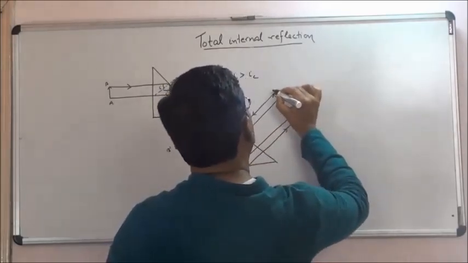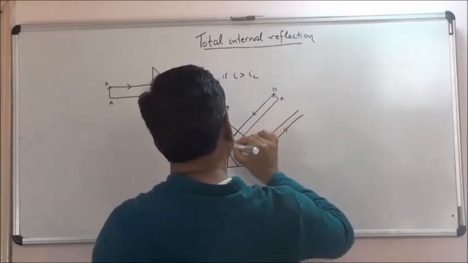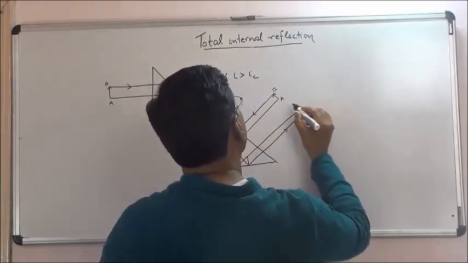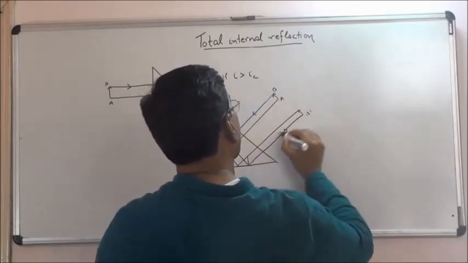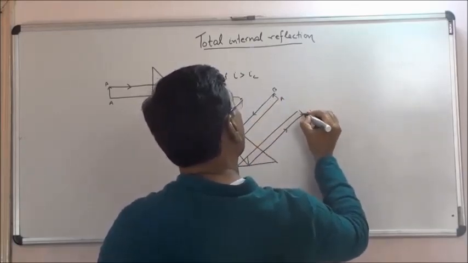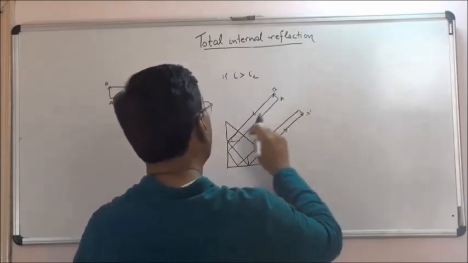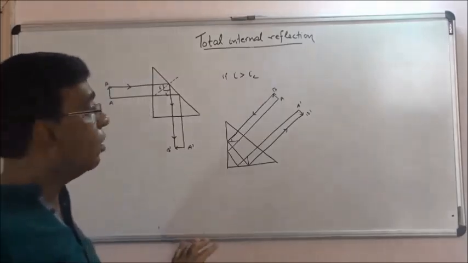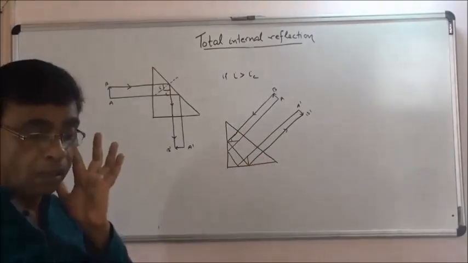So if it is A, B, B is coming here, so it is B dash, A dash. This is how we can reflect.